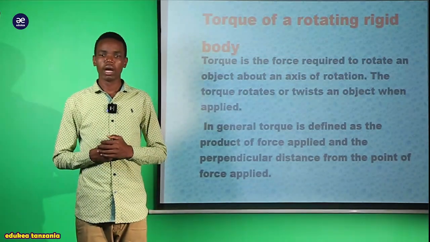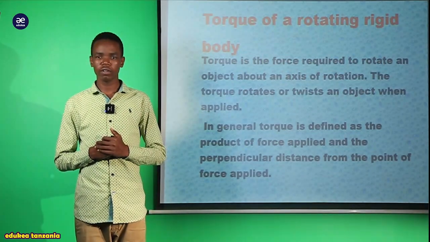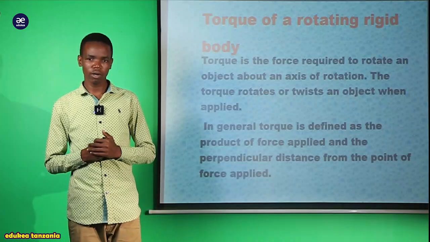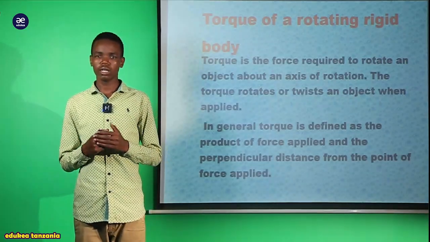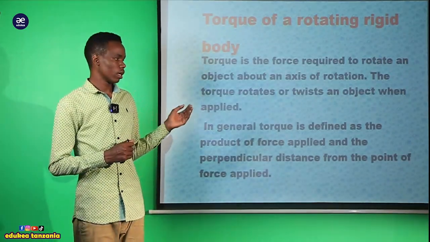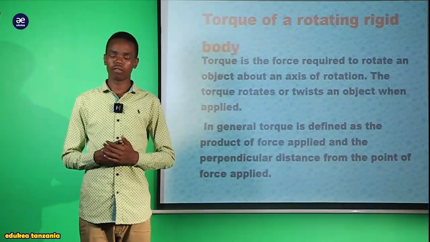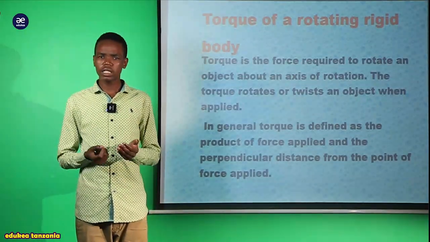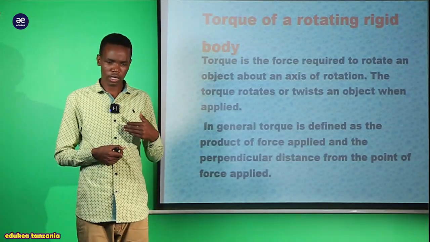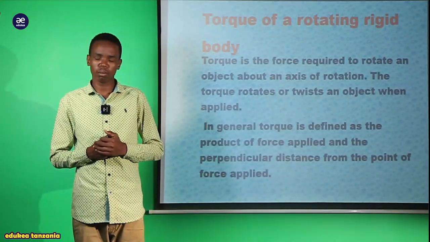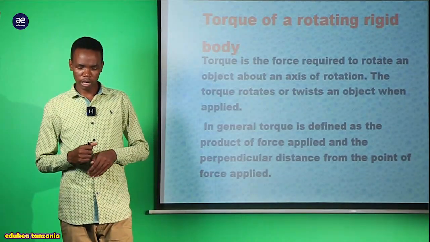As you are a Form 5 student, your fellows may tell you that they have learned about the torque of a rotating rigid body. Now, what is the torque of a rotation of a rigid body? That is what we are going to demonstrate.